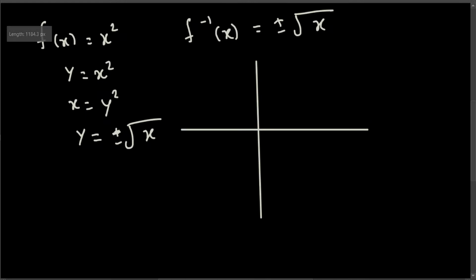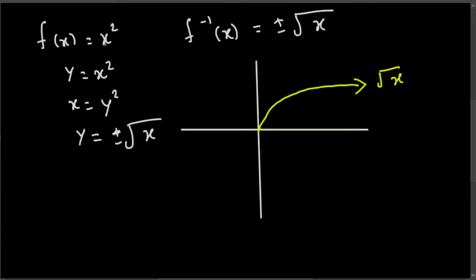If I draw the graph of this square root of x, it's going to look like this in the positive axis. Okay, this is square root of x. Now let's look at the relation between the initial function. We found f of x is equal to x square.